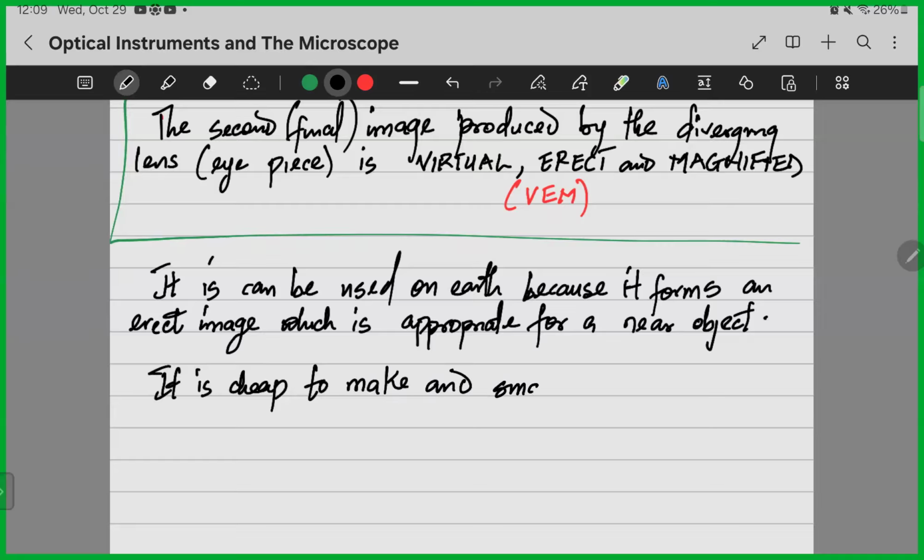Take note of that. And when you want to calculate the magnification, you simply do the ratio of the focal length of the objective to the focal length of the eyepiece. Take note of those points.